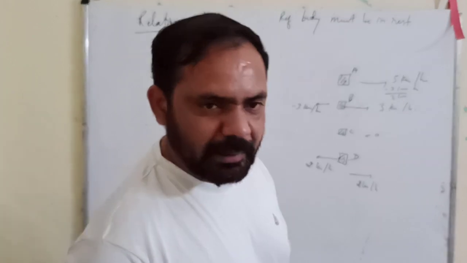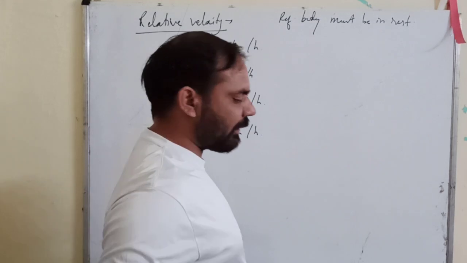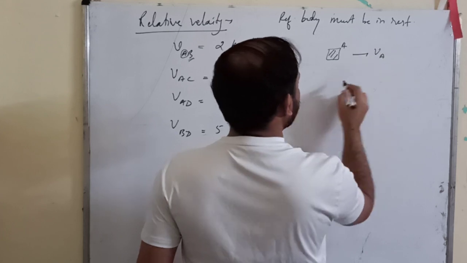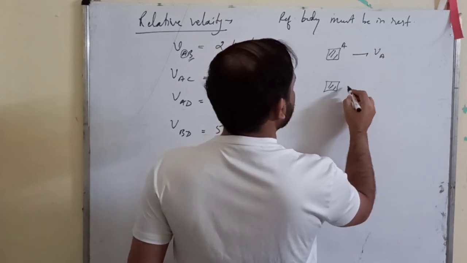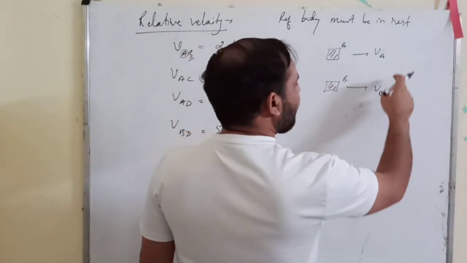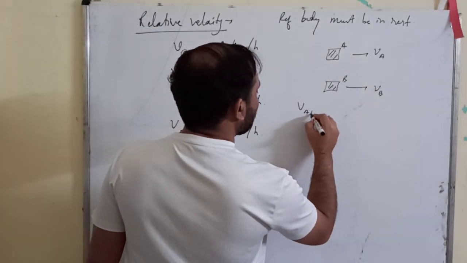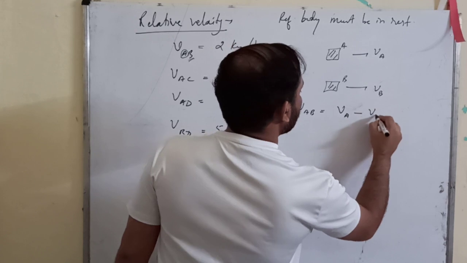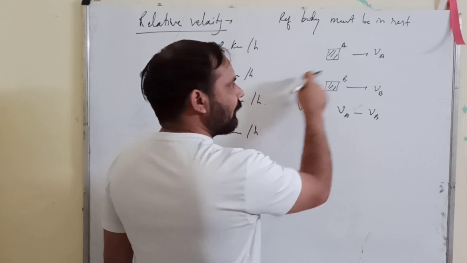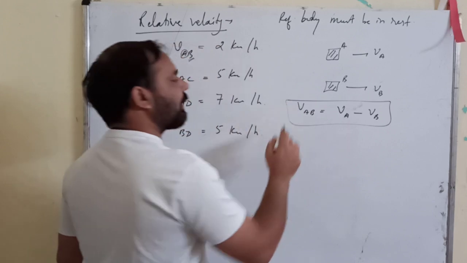So from here you can simply understand that if 2 bodies are there, A moving with VA and B moving with VB, and they are moving in the same direction, then the relative velocity of A with respect to B will be VA minus VB, because in order to bring B to the state of rest, you will have to provide VB in the opposite direction. So VA minus VB. Subtraction will give you the relative velocity.